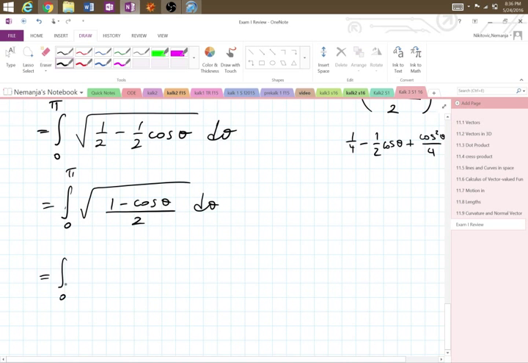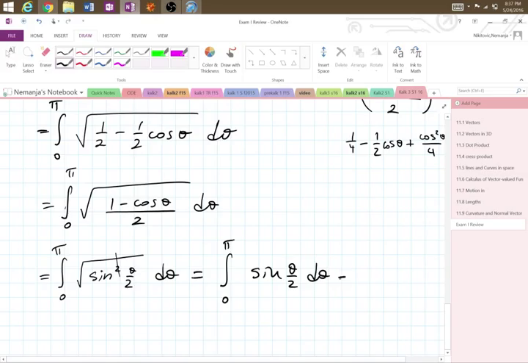Which is 0 to pi of the square root of sine squared theta over 2, d theta. Then these cancel, and all you need to do is integrate 0 to pi sine theta over 2 d theta, which is negative cosine of theta over 2, and then 2 in front, from 0 to pi.